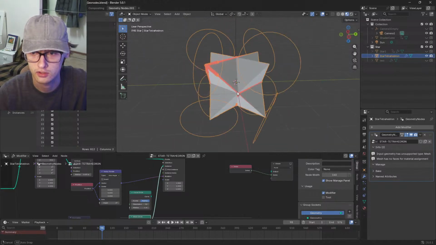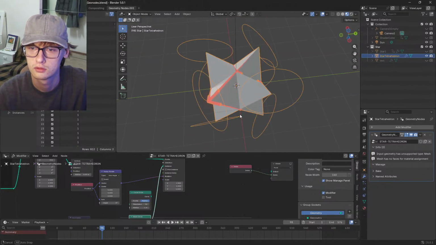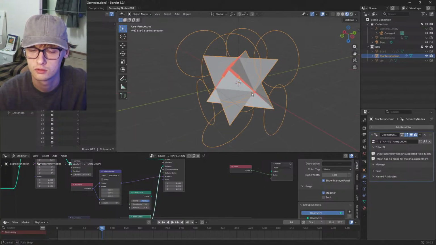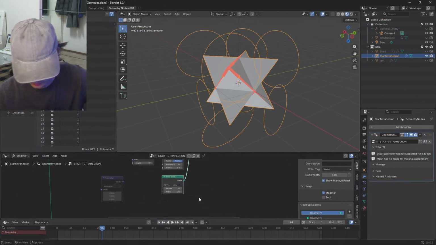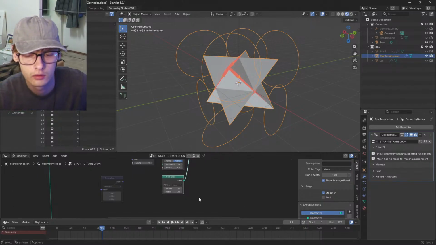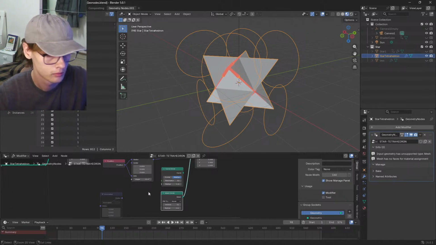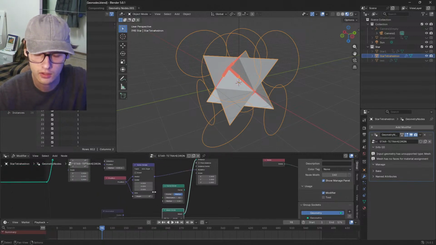So something about the alignment is not right. No clue why. Oh, that's because the center is also not correct. No?